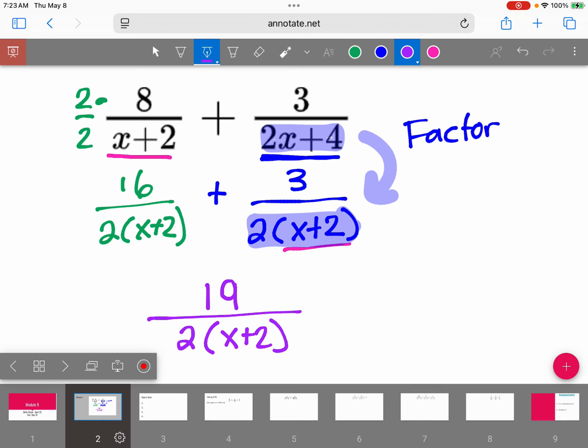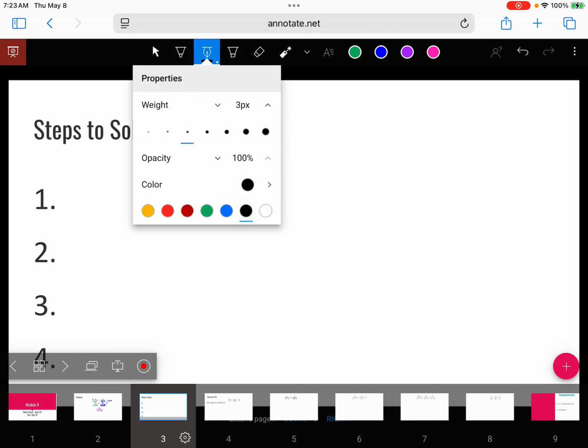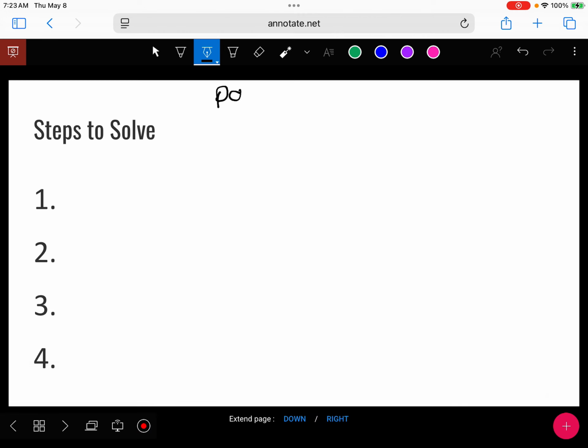So we are going to be in your notes packet today. We're going to be on page 22, and we're going to start by figuring out some steps we're going to use to solve. So page 22 in your notes packet. What are we going to do? Page 22.